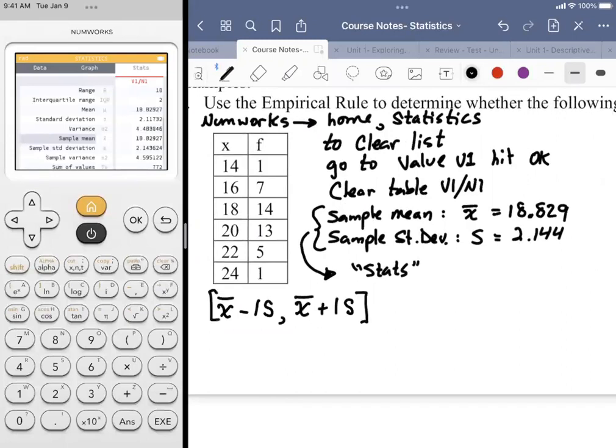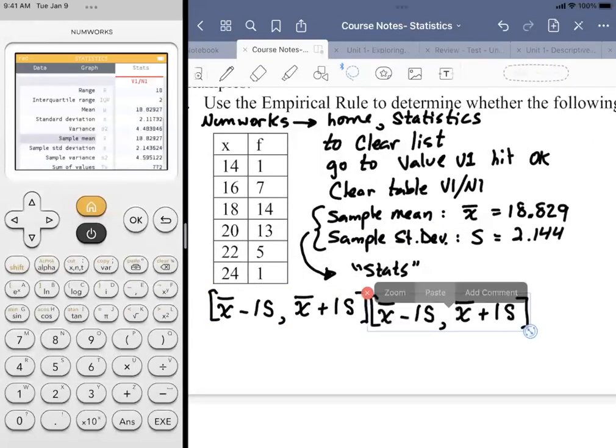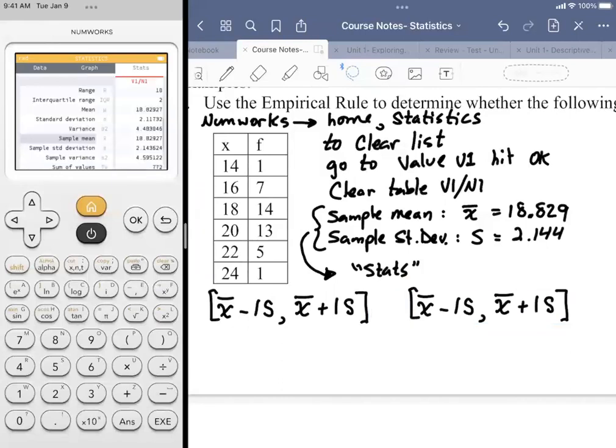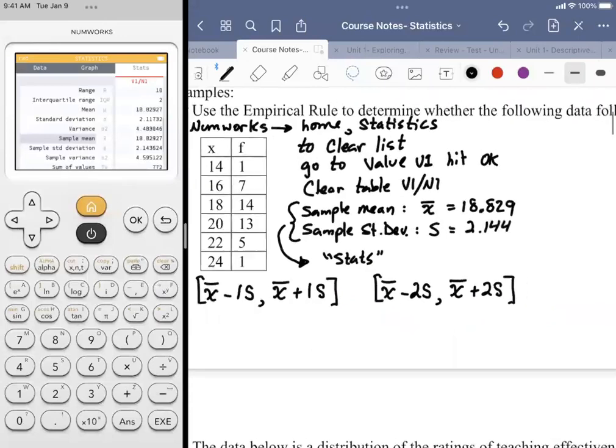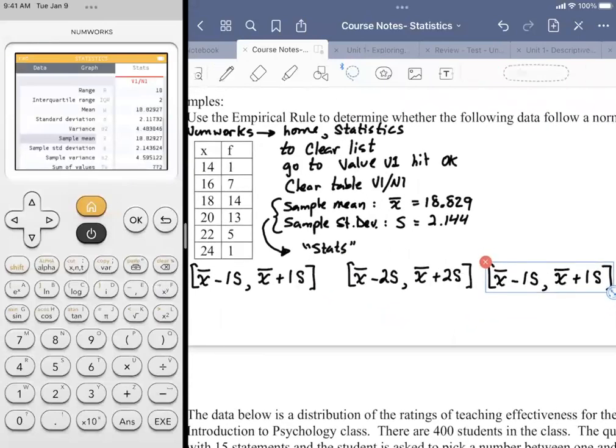All right, that's our first computation. Then once we've completed that computation, if necessary, we're going to do it 2 more times, but this time with 2 times s. And then 3 times s.